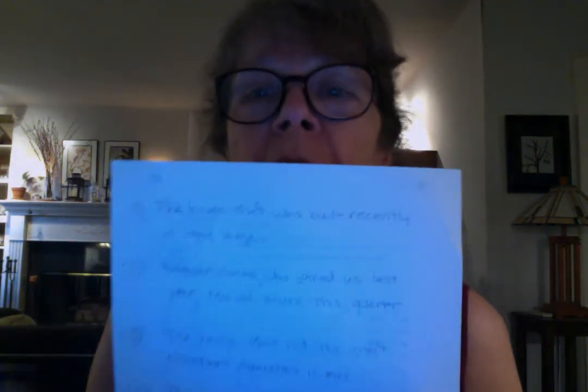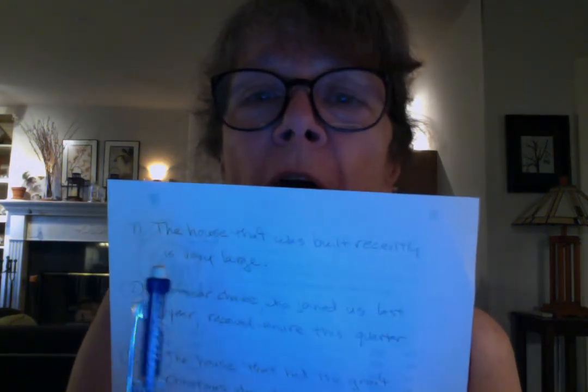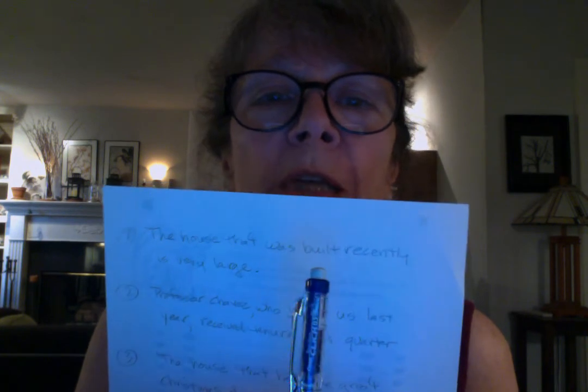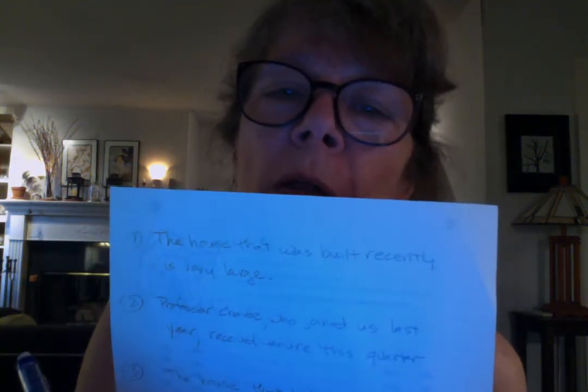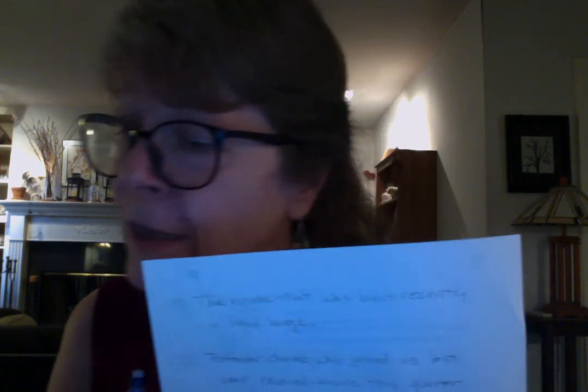All right, let's look at some examples. These are from your handout, but I just made them a little bit bigger so we can see them more easily. Look near the top of your handout, find the sentence that says, "The house that was built recently is very large."